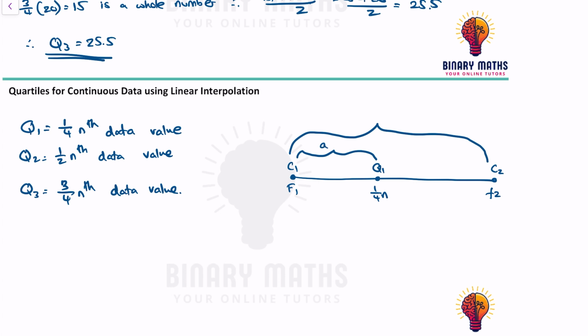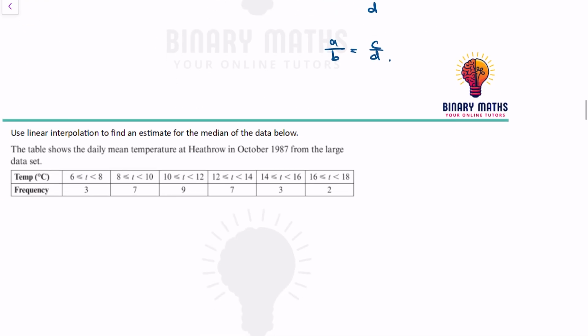So if this is A and B, and this is C and D, then we know A over B must be equal to C over D. And that's what we use for linear interpolation to figure out what Q1, Q2, and Q3 would be. So it's best demonstrated using an example. So let's go through that.